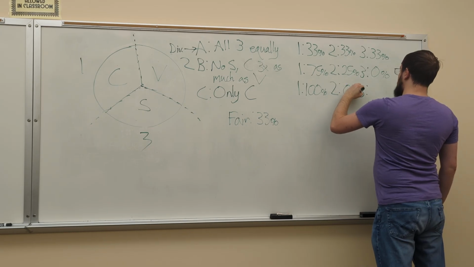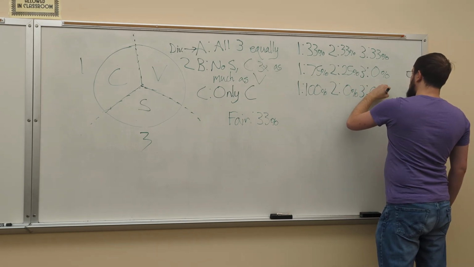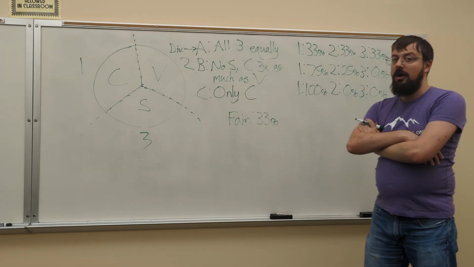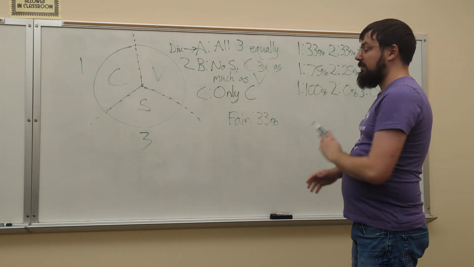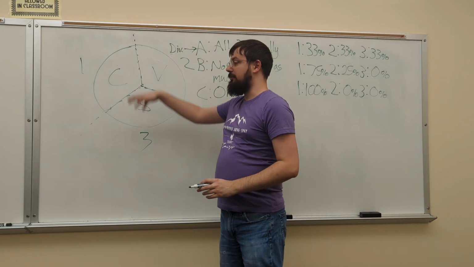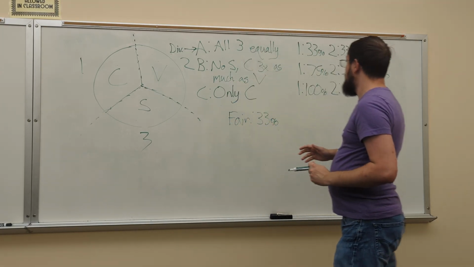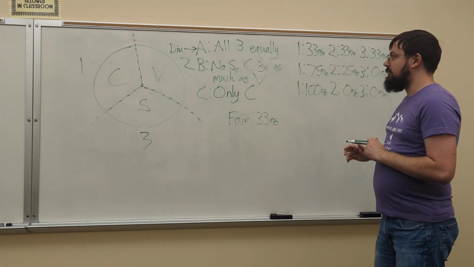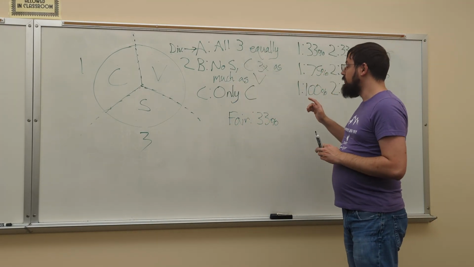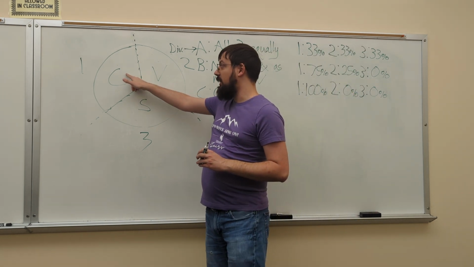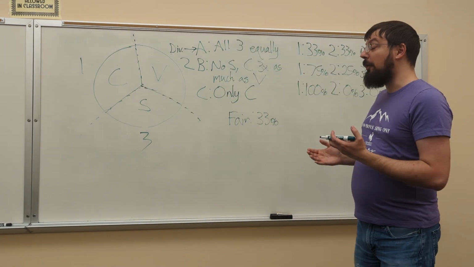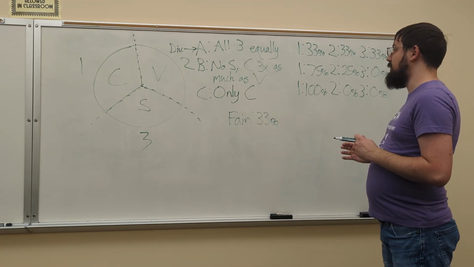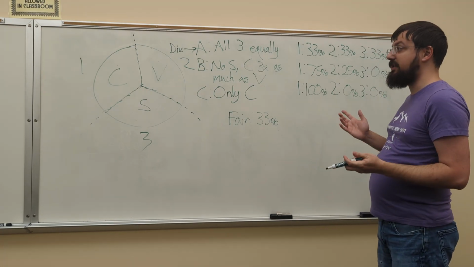Shares 2 and 3 are worth nothing. So we have a bit of a problem here. For player A, we can give them any of these 3 and it's not an issue. But for players B and C, only share 1 is a fair share. So we have a standoff for share 1 between players B and C.